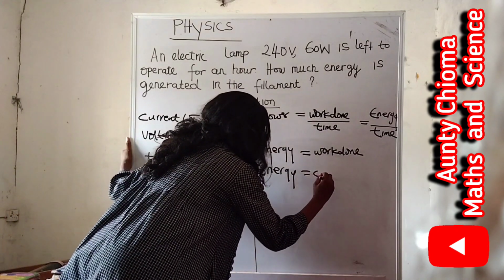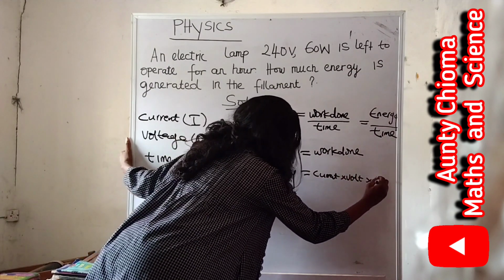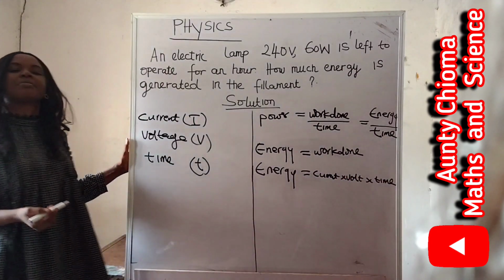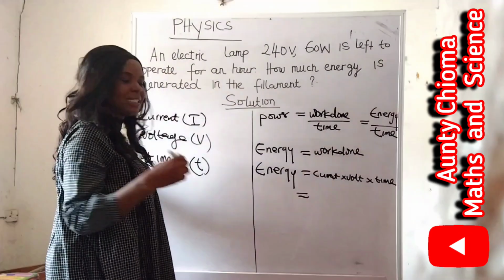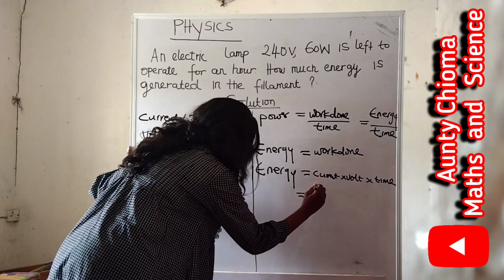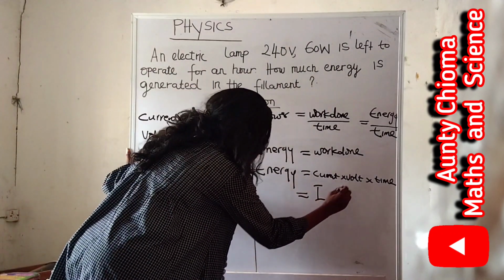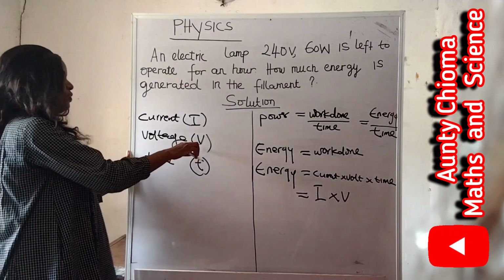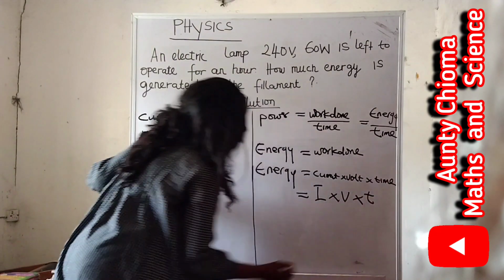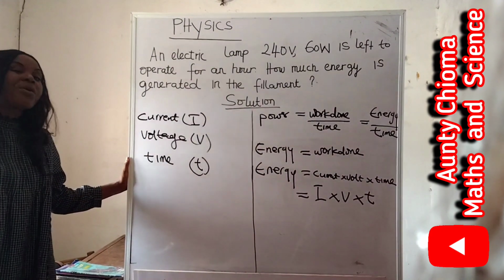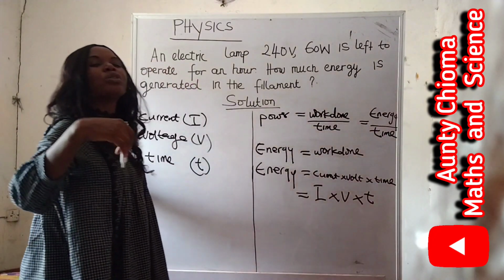Using symbols, current is I, times volt is V, and time is T, so times T. We also know that I times V, which is current times volt, is equal to power.